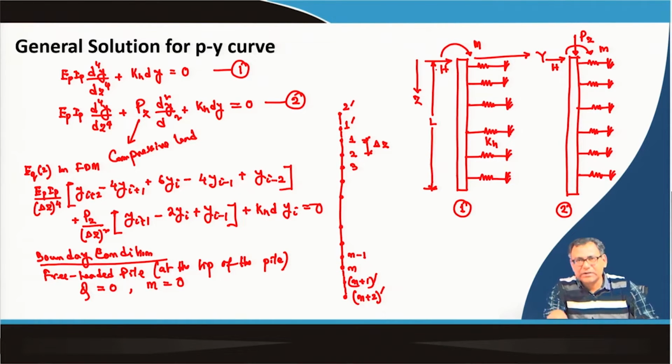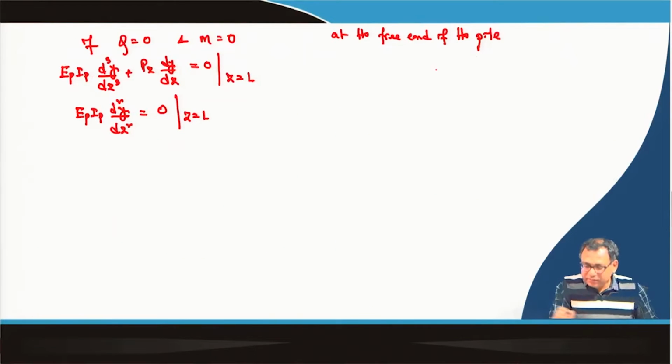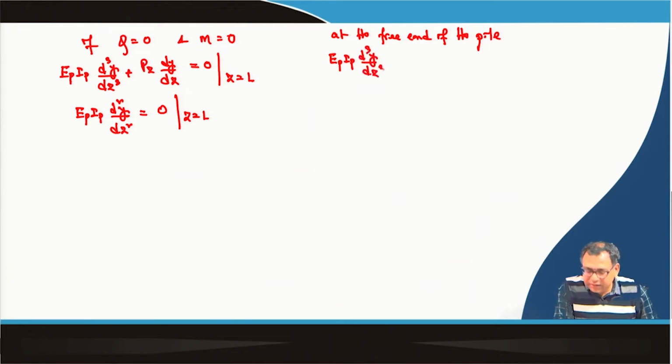So H and M will be incorporated through the boundary condition. For the free end of the pile, the shear force EpIp d3y/dz3 plus Pz dy/dz will be equal to H.